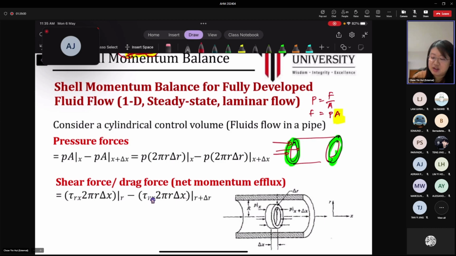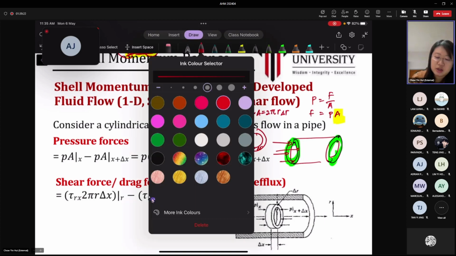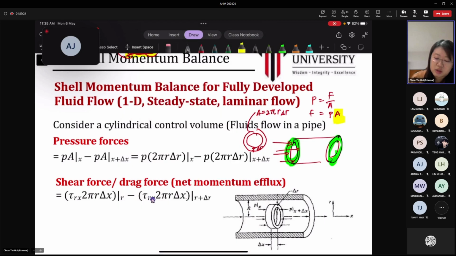This area is calculated as 2 pi r multiplied by delta r, because delta r is the thickness of the ring. 2 pi r is the equation that describes the circumference. So, 2 pi r multiplied by delta r.